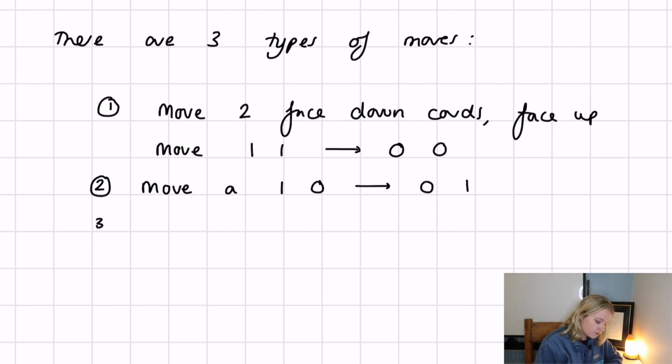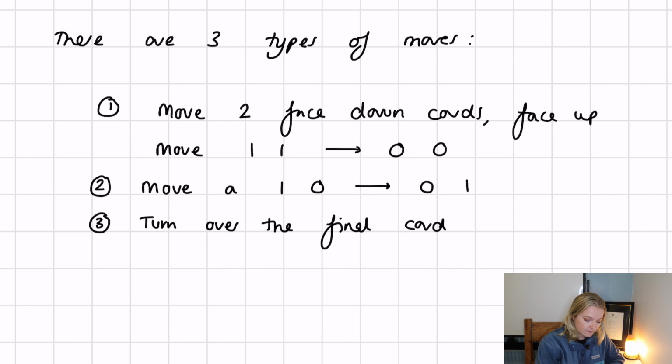Now the final move is actually not permitted in this problem, and it's not something that's talked about in the film, and it's something that I'm going to omit from this video, but I'd love to know in the comments how you think things would change if this rule was still in here. The final one would be to turn over the final card and then loop back around.